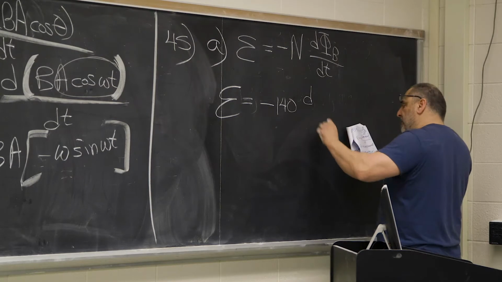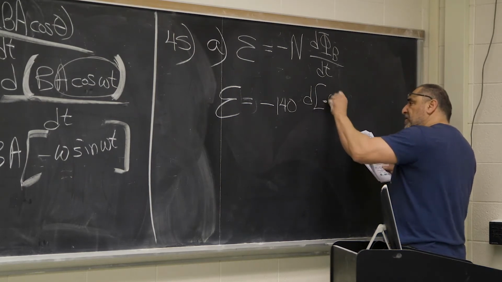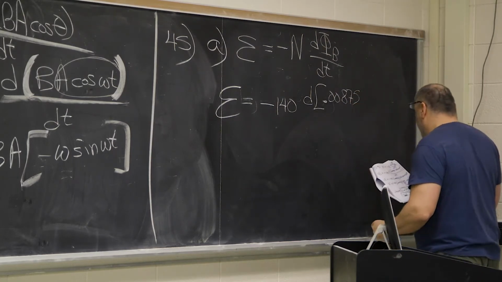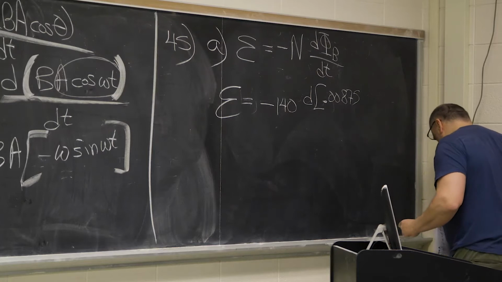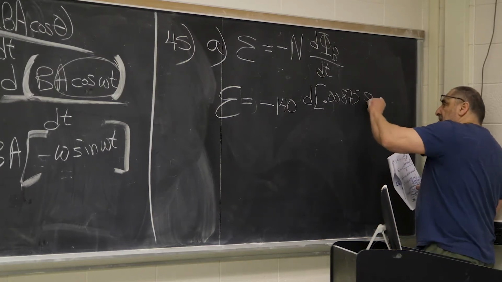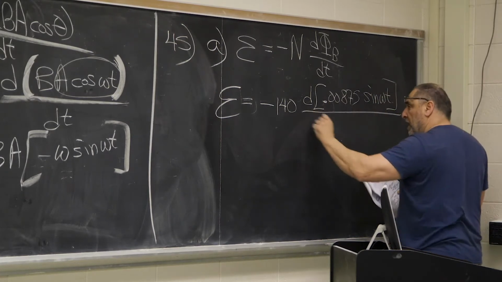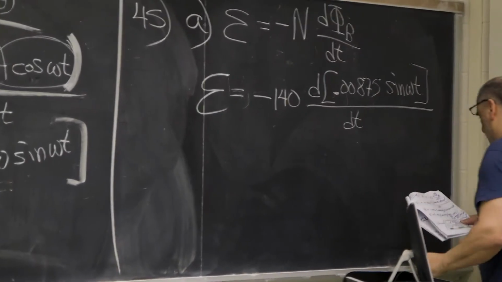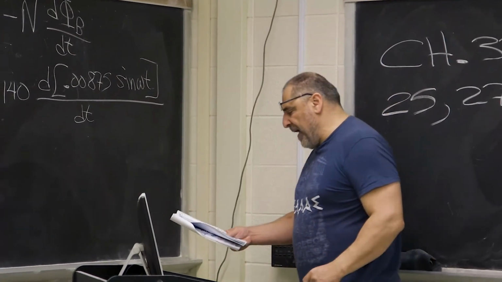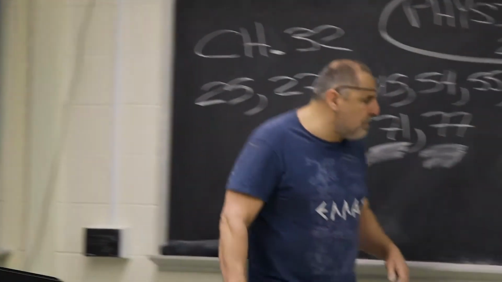We are getting the derivative of what they gave us, and they said it was 0.00875, the way they said it. And the other thing here is sine omega t. The rest is just some old-fashioned math. You take the derivative, do the chain rule, be careful. We had done that last time.